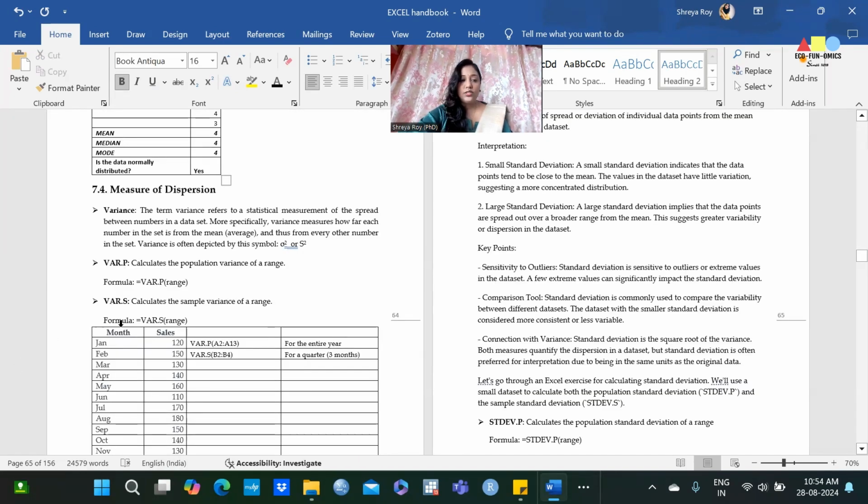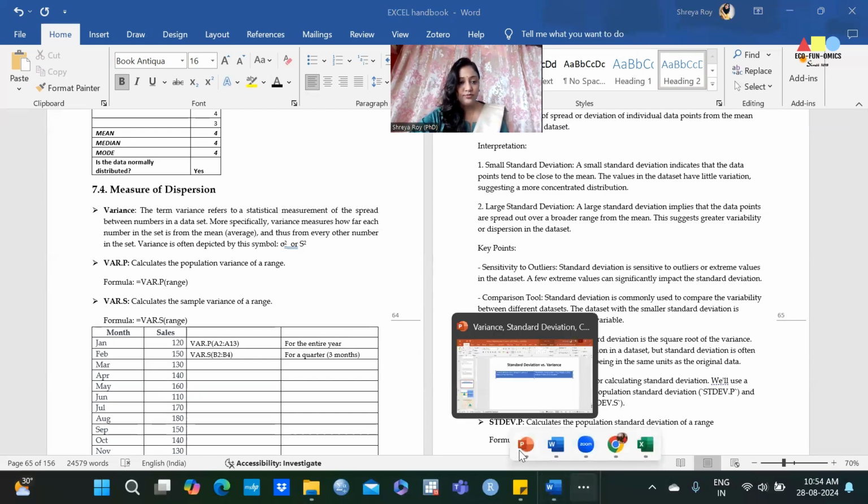Let's begin with variance. Variance is a statistical measure which measures the spread of numbers in a data set from the mean. If you have a mean, the degree of dispersion of the remaining observations from the mean is what variance calculates.